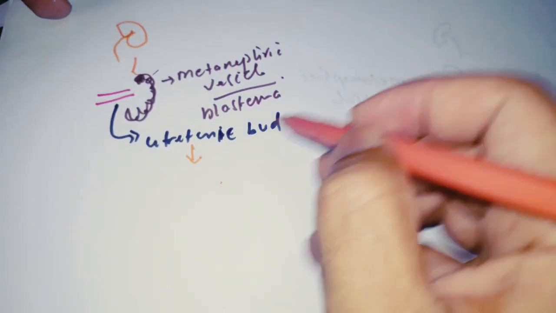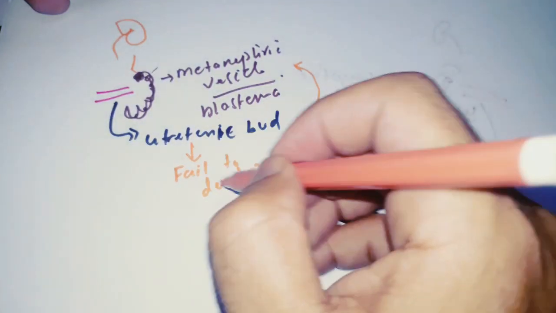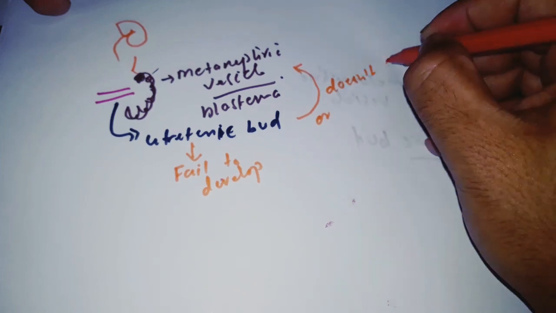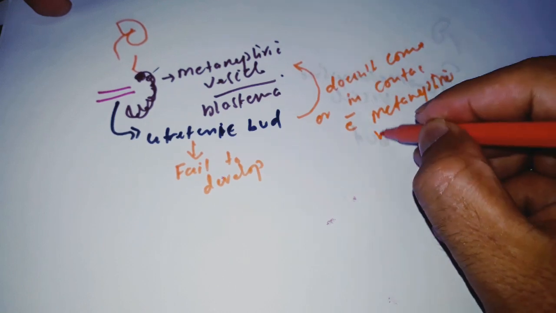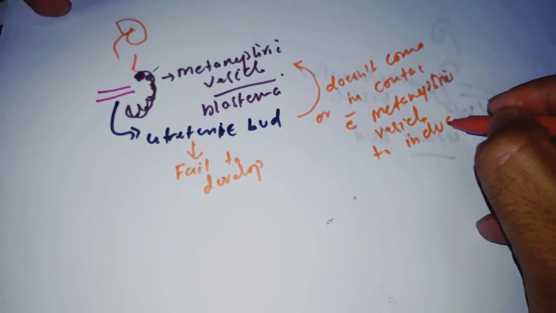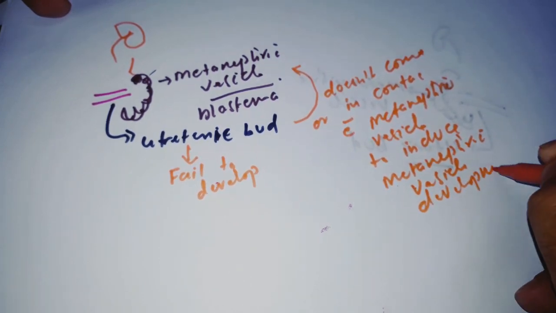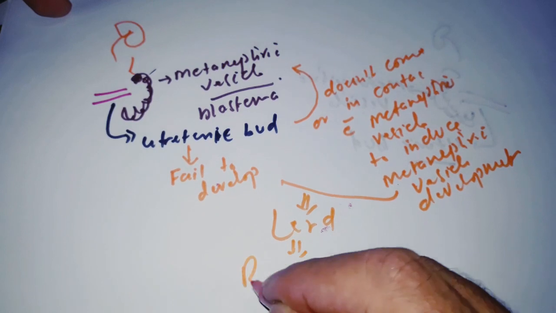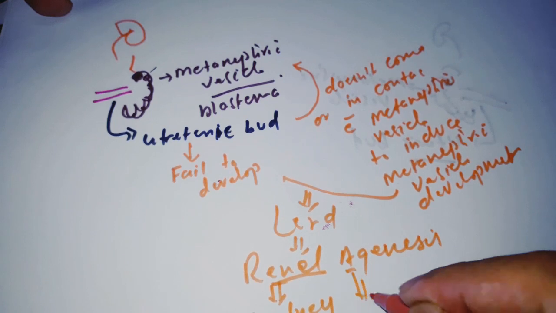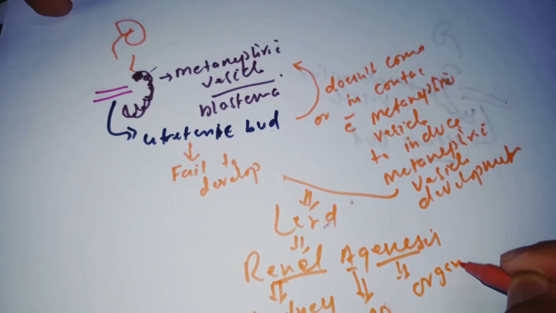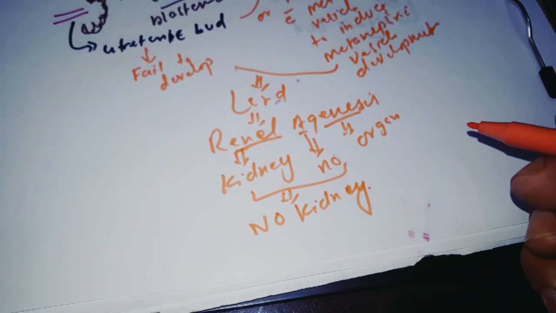Now, if this ureteric bud fails to develop, or if it doesn't come in contact with the metanephric vesicle to induce its development, then both of these conditions will lead to renal agenesis. Renal means kidney, a means without, and genesis means organ. So there will be complete absence of the kidney.